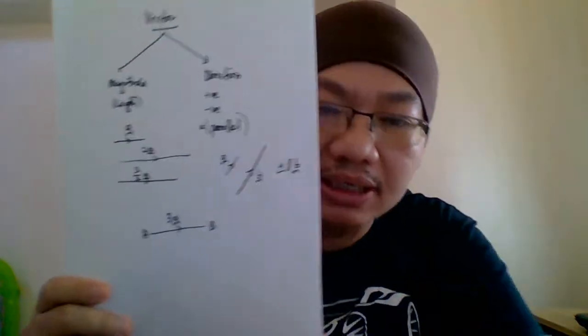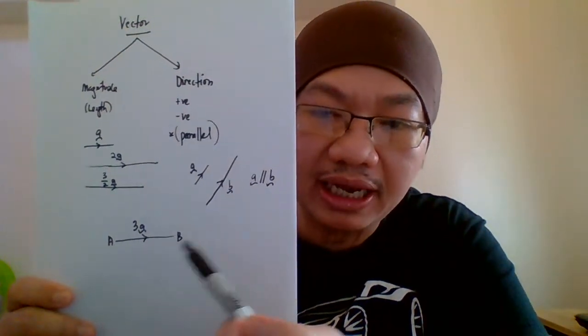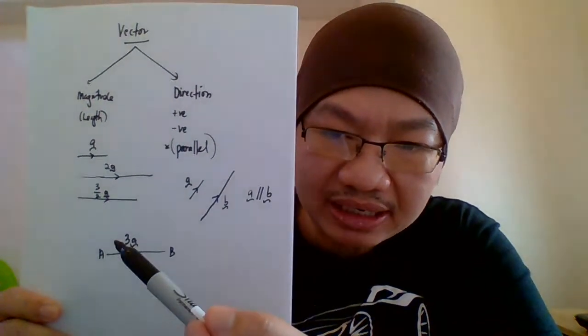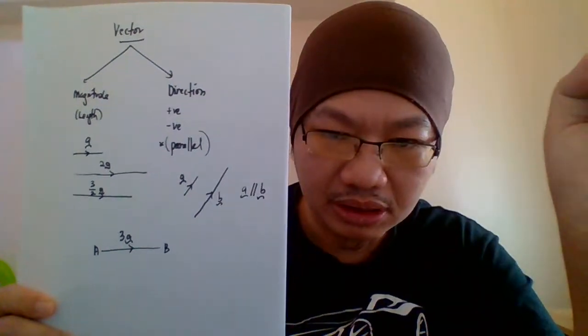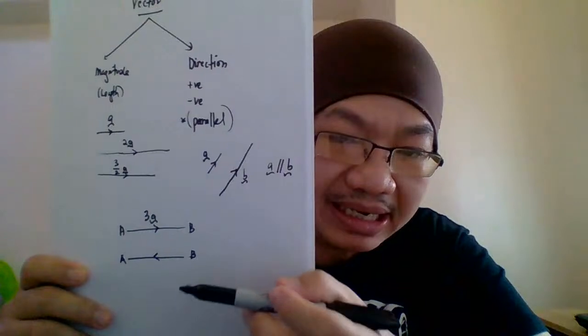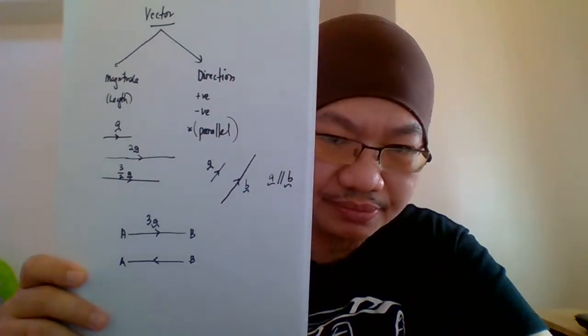Now, I have a vector from A to B, and then the vector is 3A. Now, what will happen if my direction is in the other way?